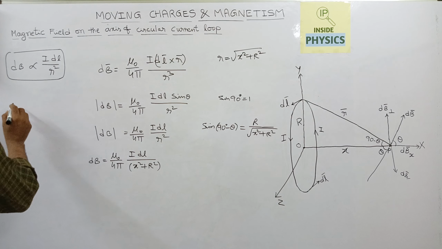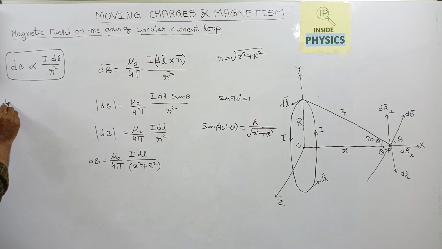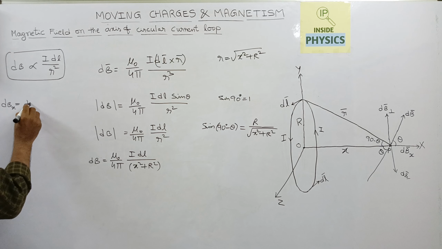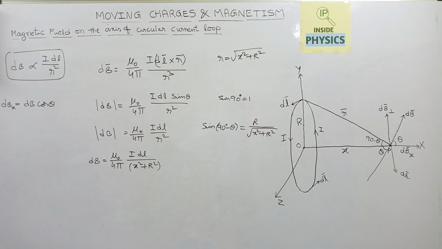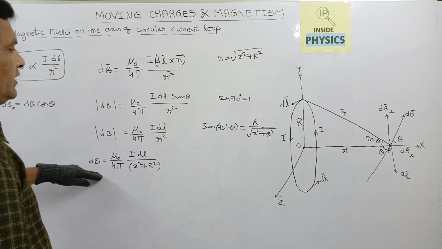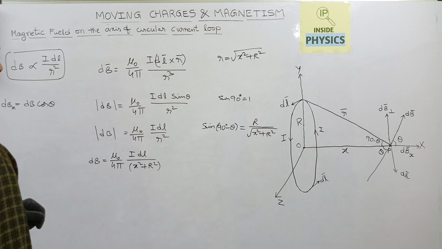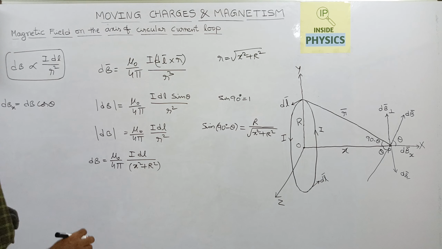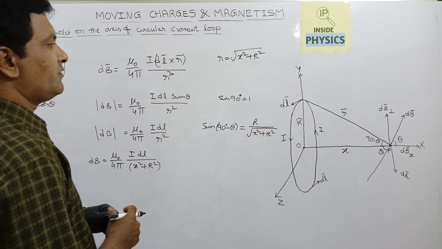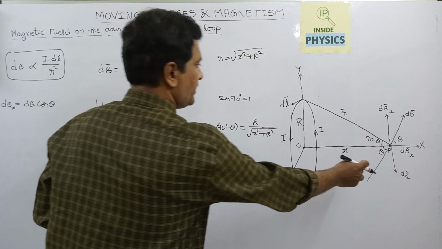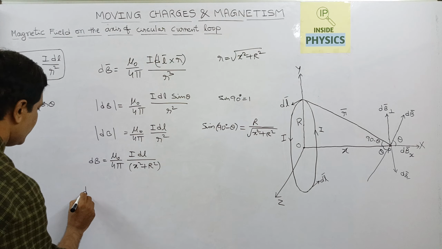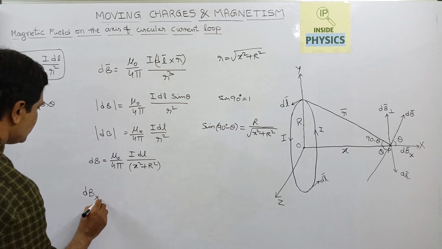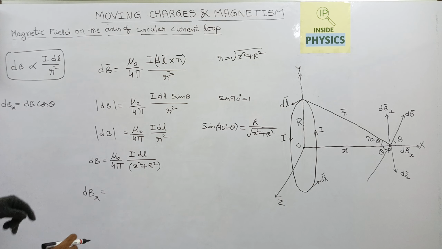Just now we have written dBx is equal to dB cos theta. Now we have to take only the horizontal component of the magnetic field, that is where the entire magnetic field is acting at point P due to this current loop. So this can be written as dBx is equal to dB cos theta.